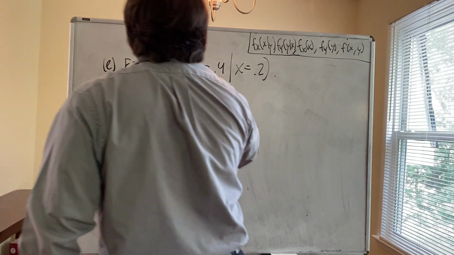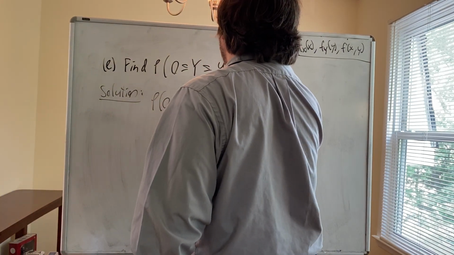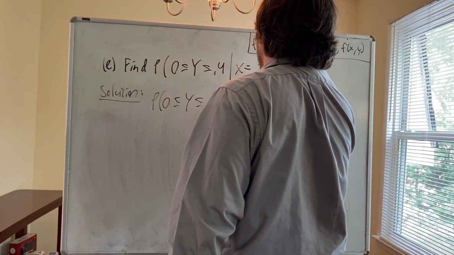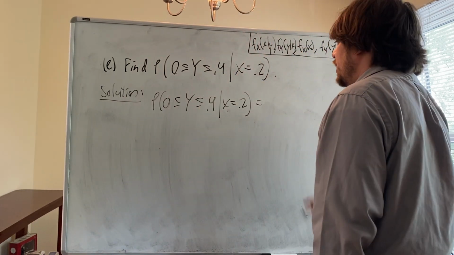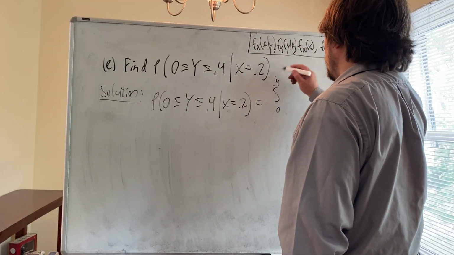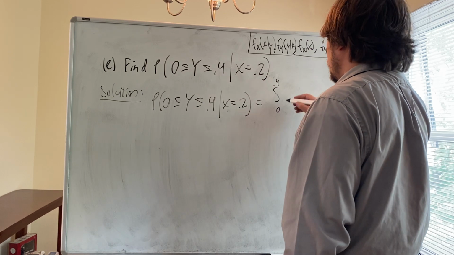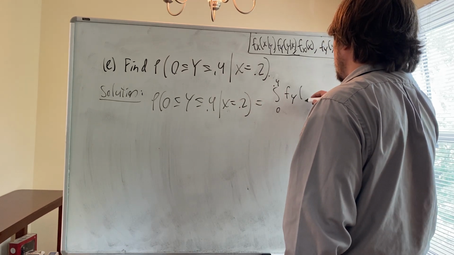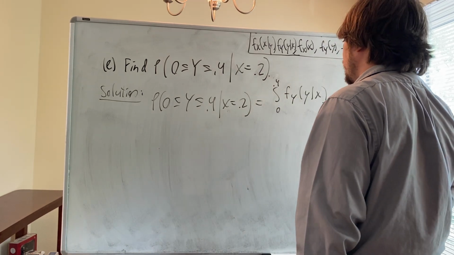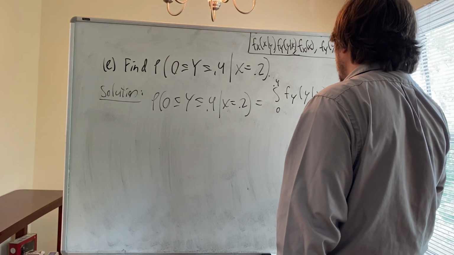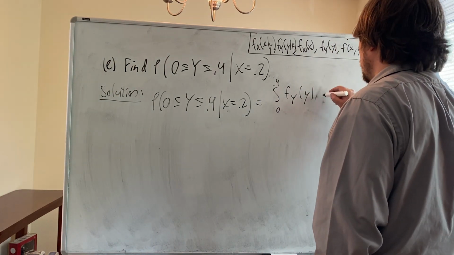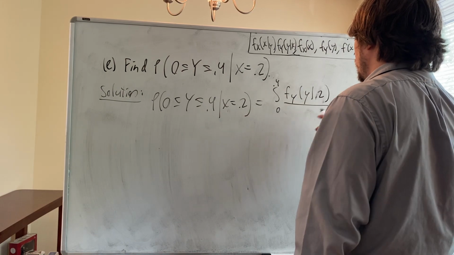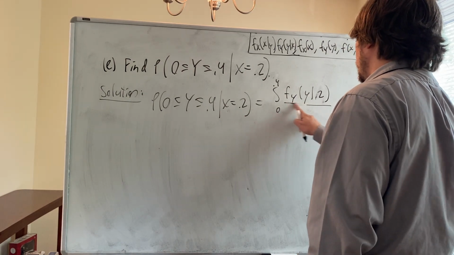The probability that 0 is less than or equal to y, less than or equal to 0.4, given that x is equal to 0.2, is equal to the integral from 0 to 0.4 of f sub capital Y of y given x, given x is 0.2. Yeah, just that.